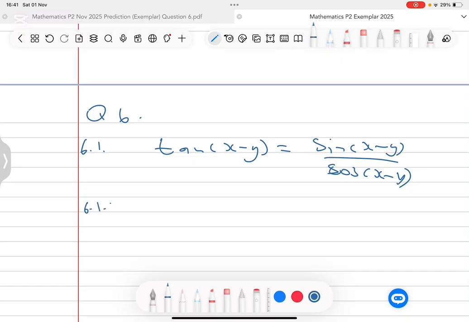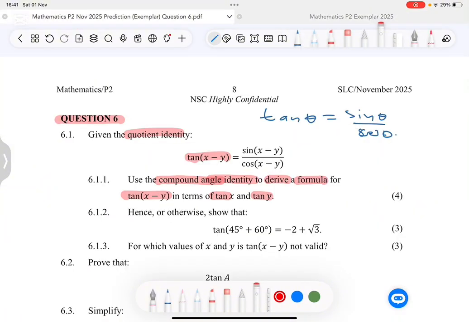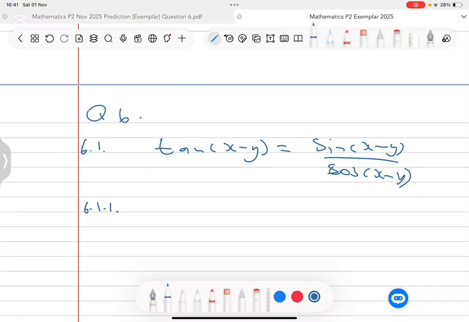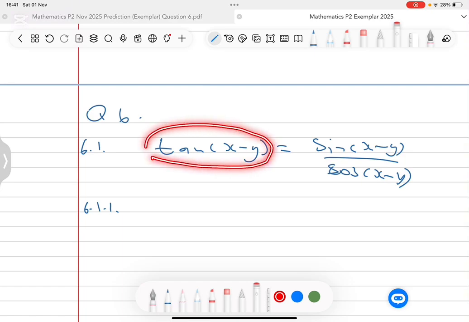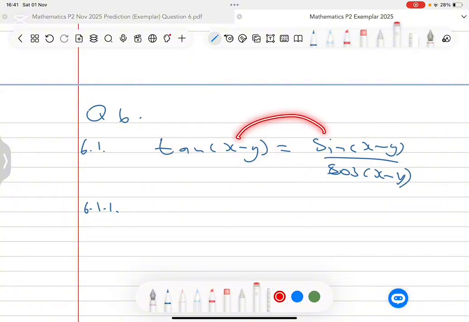And under 6.1.1 they then say we should use the compound angle identity. Now remember, we don't have a compound angle identity at grade 12 or at high school level for tan. So that's why we're going to start at this stage here.